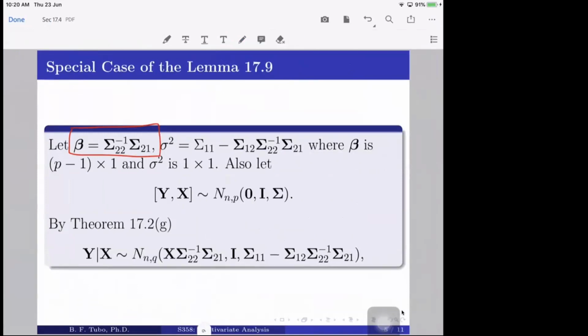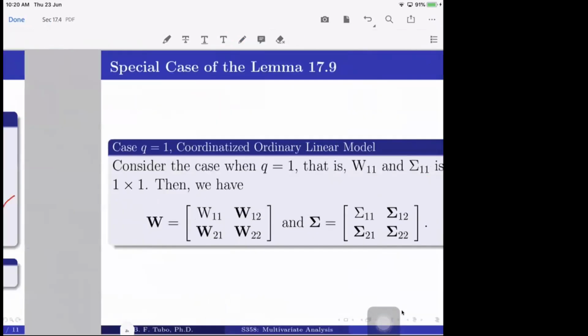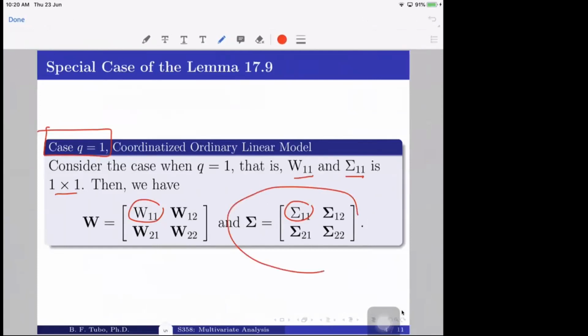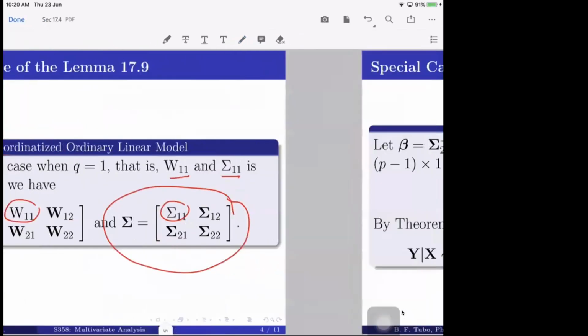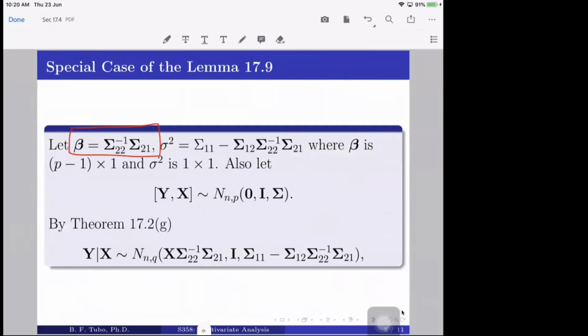These are your sigma parameters. So that is your sigma 22 inverse sigma 21, and then your sigma is equal to this. This should be familiar to you because that is the result of the conditional distribution here in the theorem.